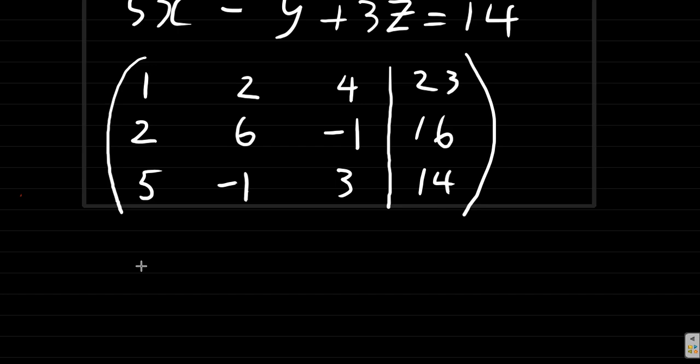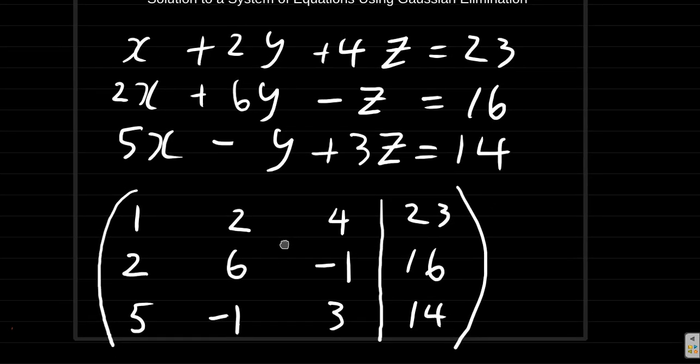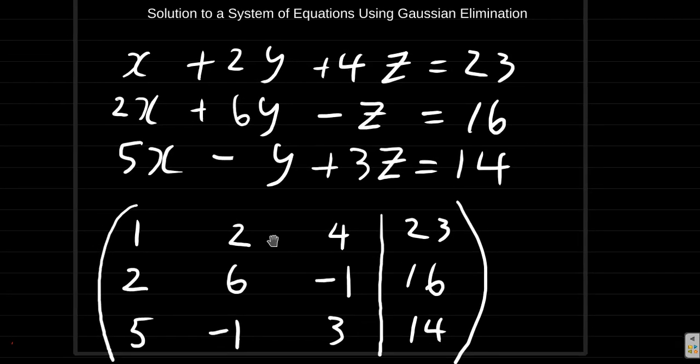In fact, you should pause the video right now, write down the question, and completely solve it and get x, y, and z. So go ahead. Okay, finished? What did you get for x, y, and z?